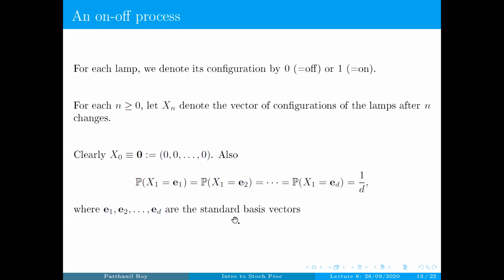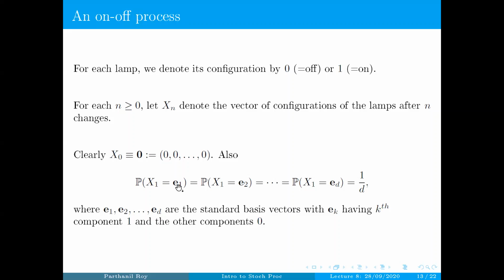These are the standard basis vectors. In other words, e_k has the kth component 1 and all the other components 0. So this tells you that if you choose the first lamp and switch it on, then X_1 takes the value e_1.